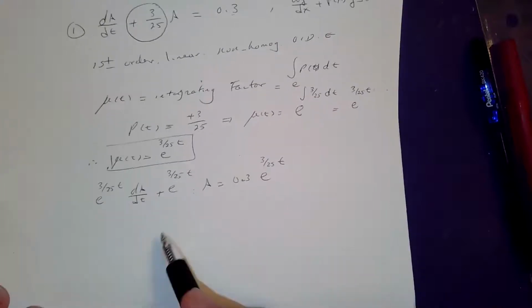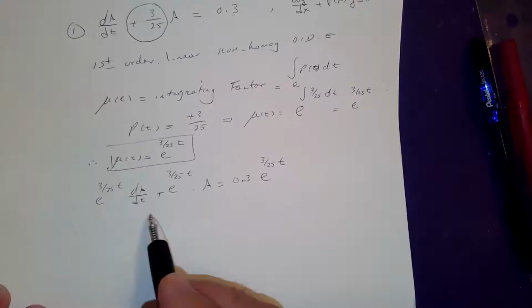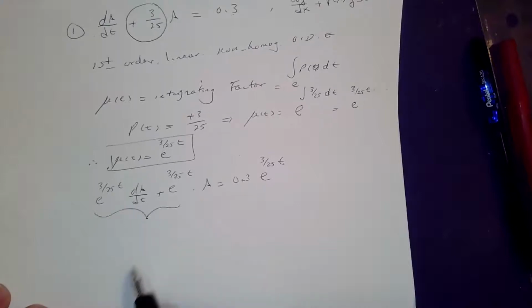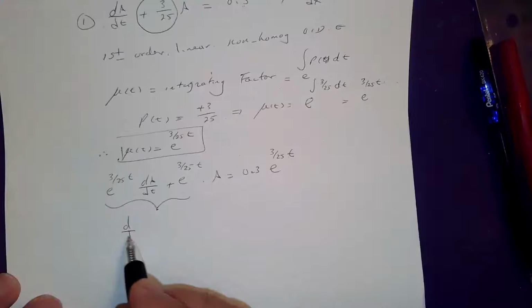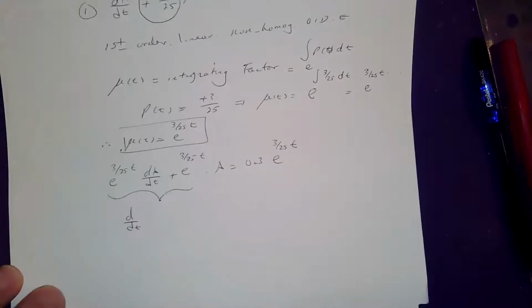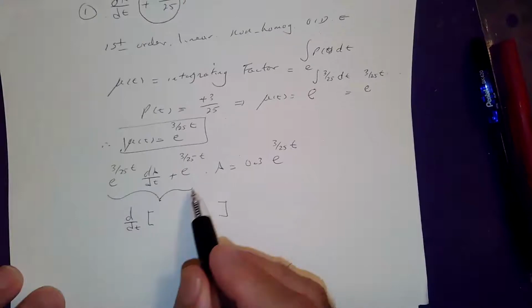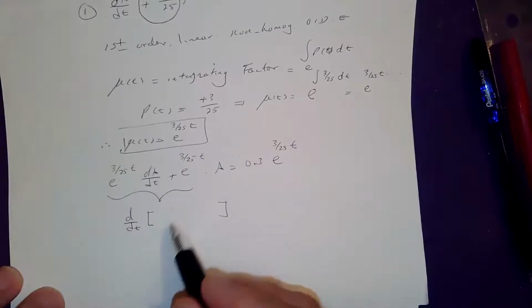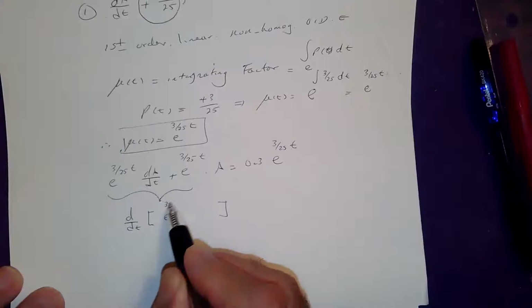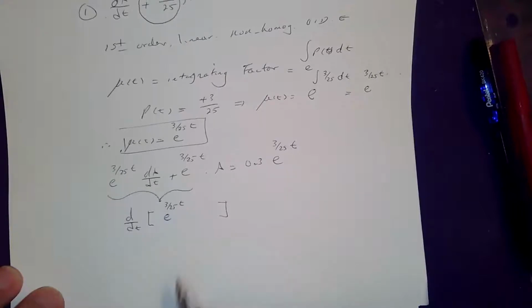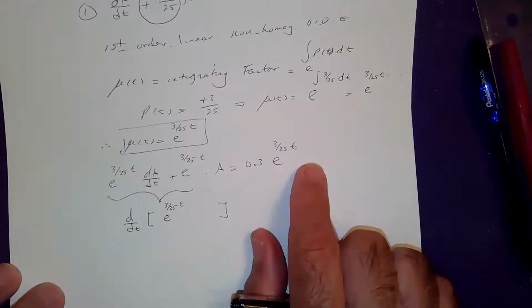Remember, we said last time, the minute you multiply both sides by the integrating factor, the left side is always, rain or shine, automatically the derivative of the product of the unknown function and your integrating factor, which in this case is e to the power of 3/25 t.